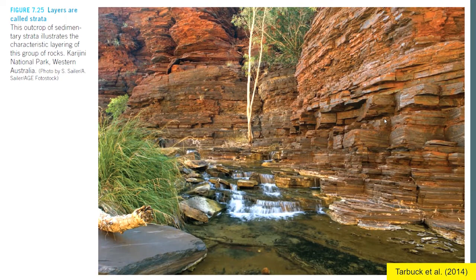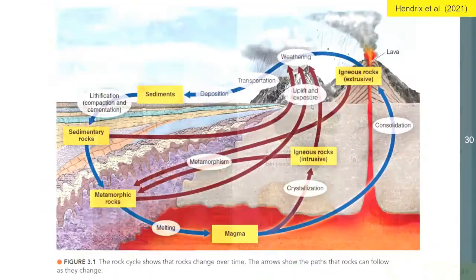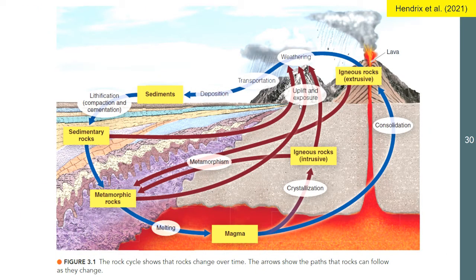They are now exposed upward, and since they are exposed on Earth's surface, they are prone to weathering and erosion. So they are broken. The rock formations are broken into smaller sediments, and then they're transported by water or wind or other agents of erosion, and then they're eventually deposited again in bodies of water.